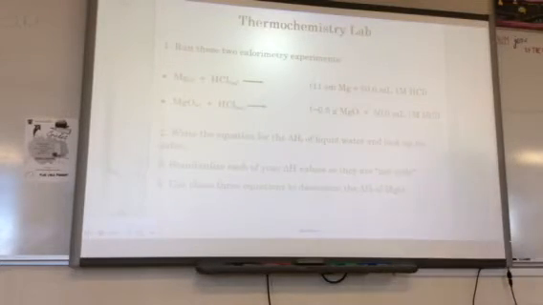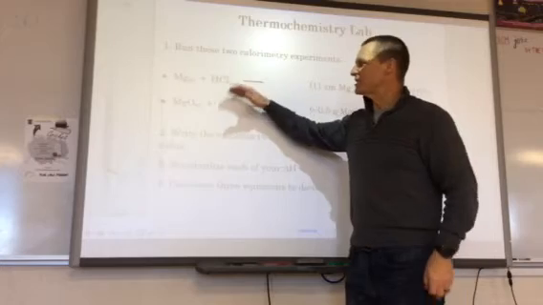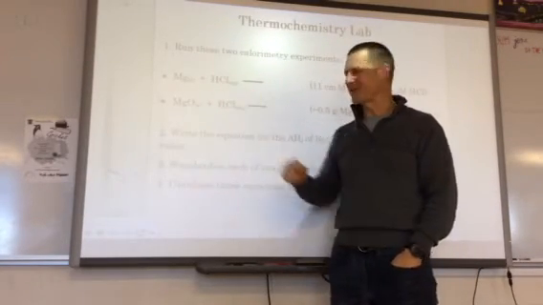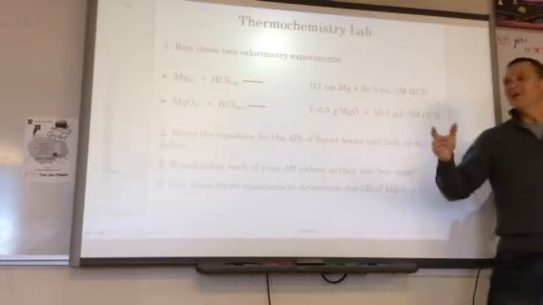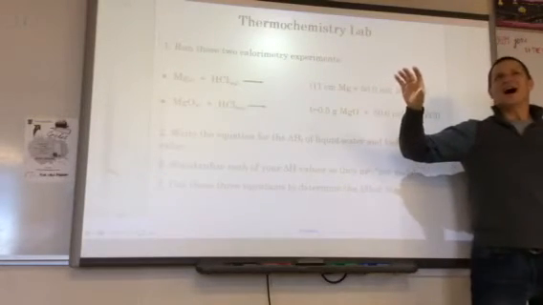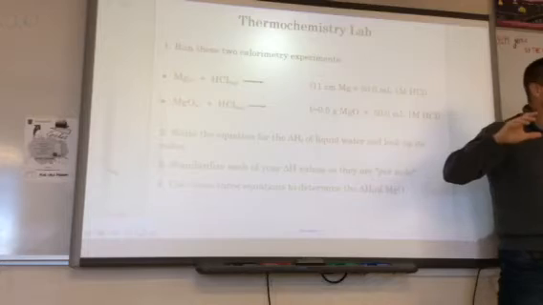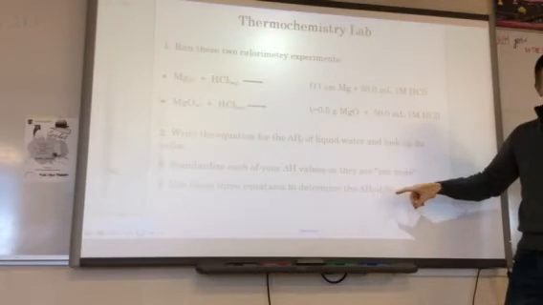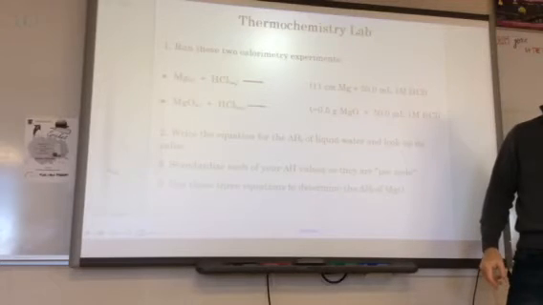So you're going to run 2 reactions involving magnesium. Well, one is magnesium with HCl, one's magnesium oxide with HCl. And then you're going to wind up using Hess's law, and my question is going to be, what is the heat of formation of MgO?